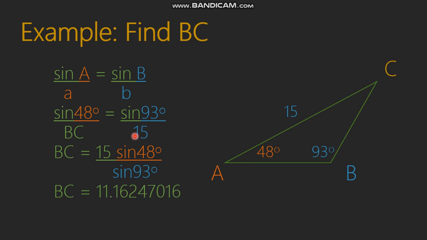Now, after using cross multiplication, BC will equal 15 times sine 48 over sine 93. After using your calculator, you will find that it turns out to be 11.16247.